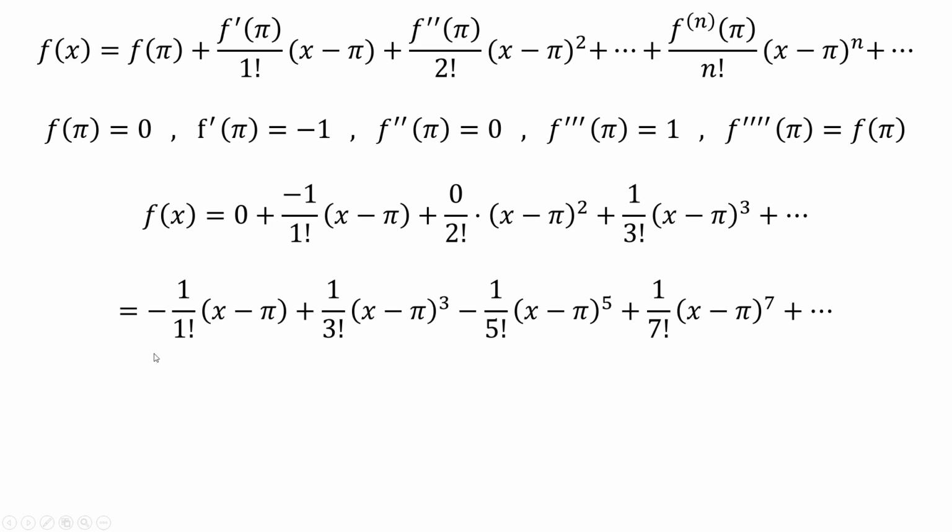And now we can write this power series as a summation, which is very useful and necessary for when we consider the radius of convergence. So we write our summation in this form, and we consider n from 1 to infinity. Now, the first thing we notice is that we have alternating signs.